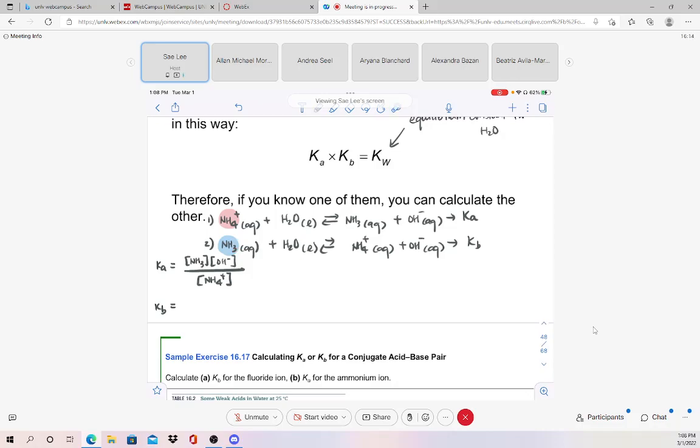For Kb, it's going to be the concentration of products divided by the concentration of reactant, each raised to the power equal to the coefficient. NH4 plus times hydroxide, oops, my mistake.